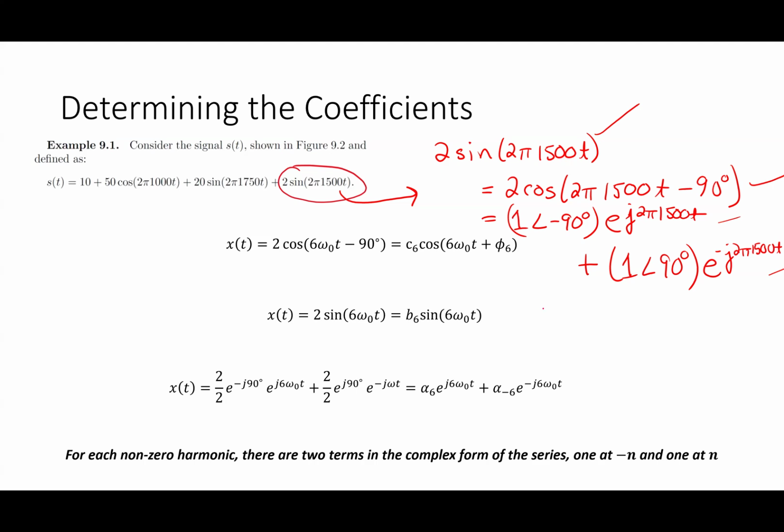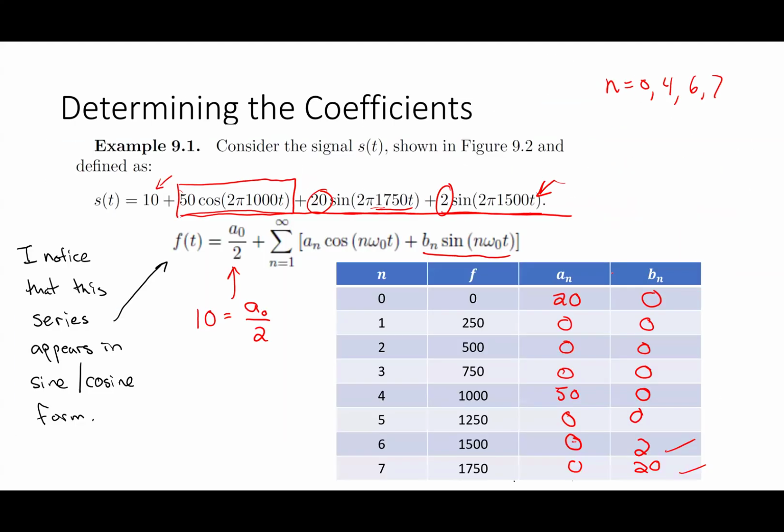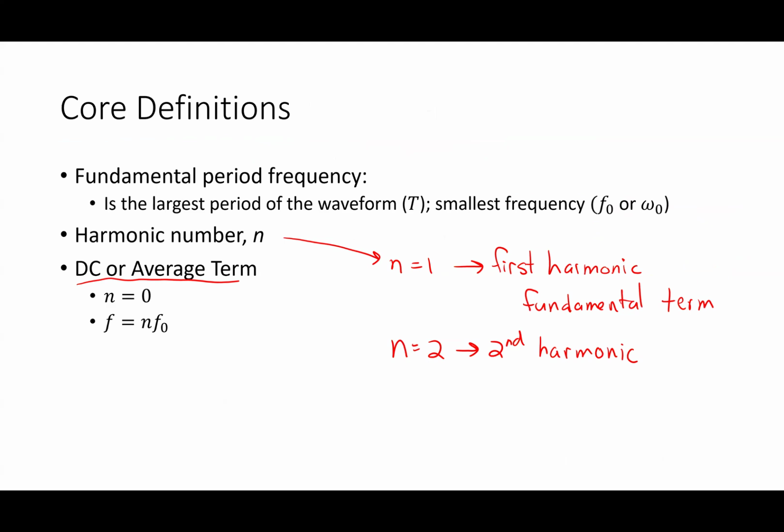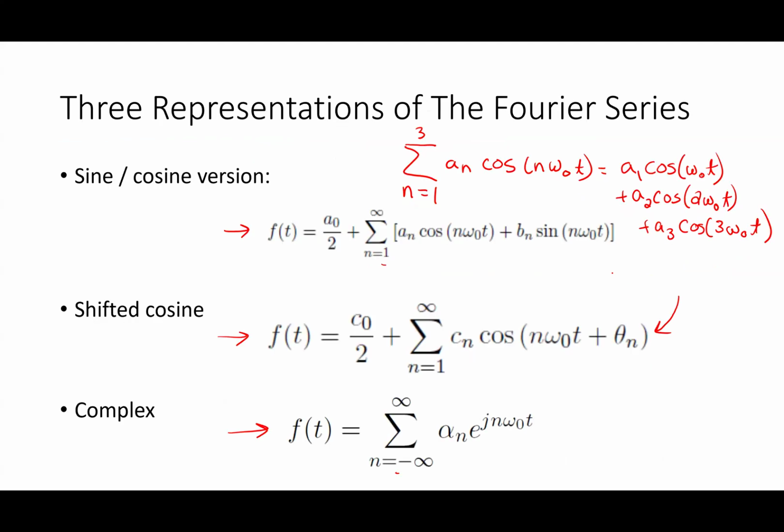Looking back at the terminology that I've got here, I call these coefficients alphas. Now, one thing I want you to see: if I look at this form and this form, the summation starts at n equal to 1 for one, and for this one it starts at negative infinity.